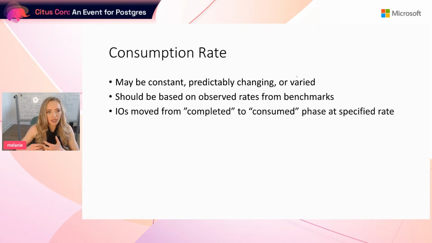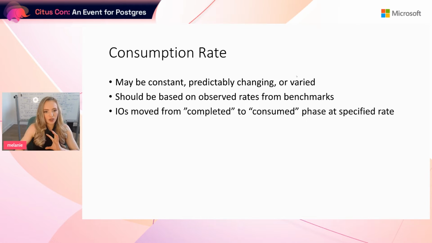The idea is that the consumption rate specifies how much IO the workload wants. So it may want 1,000 IOs a second. And the difference between what it gets and what it wants is waiting.